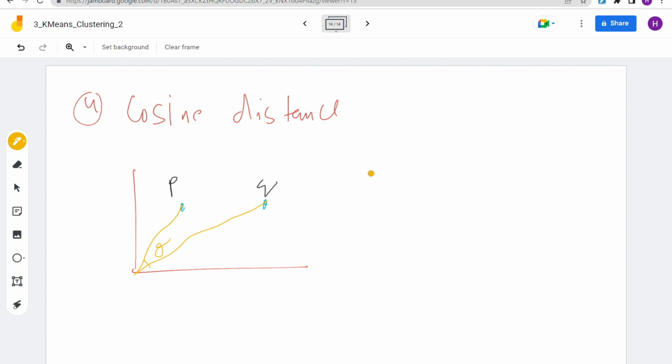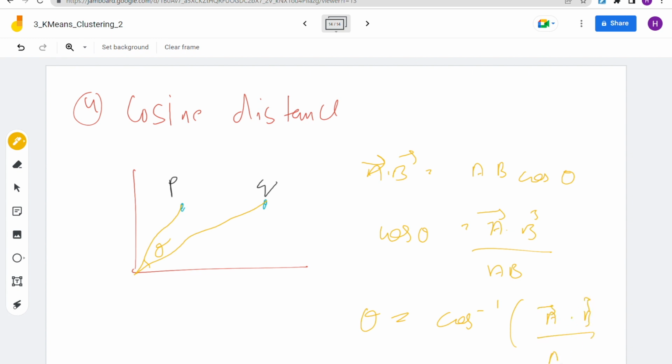This is very easy to calculate, since you have the dot product formula: a dot b equals modulus of a times modulus of b times cos theta. So cos theta equals a dot b divided by modulus of a times modulus of b. Then you calculate theta equals cos inverse of the dot product divided by the product of the moduli. I think this is not a big deal. So this is what cosine distance is.